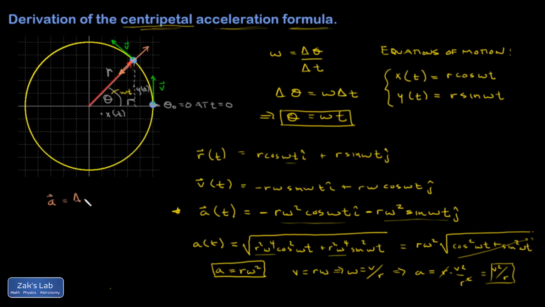If I just look at finite time changes, I know that A, or A average, is delta V over delta T. That means the change in the velocity vector is given by the acceleration vector scaled by a factor of delta T. So if I had an outward pointing acceleration vector, it would cause a change in the velocity that points in that same direction.